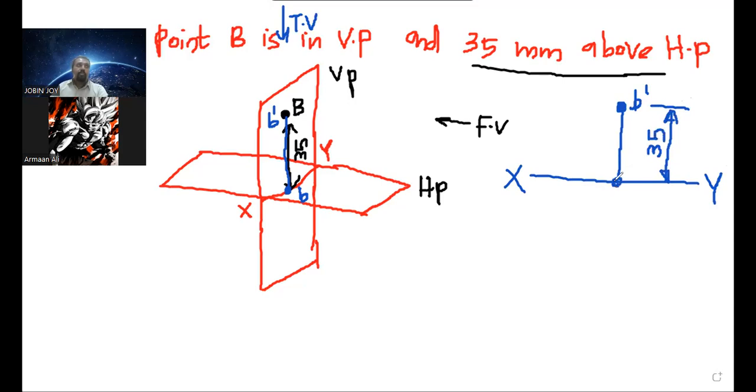And the top view B is on the XY line. Finished? Yes, sir.